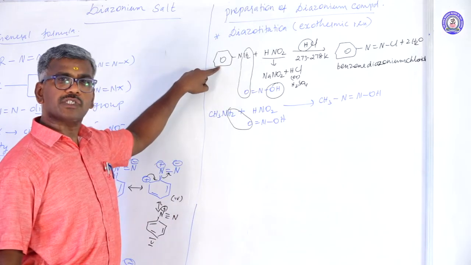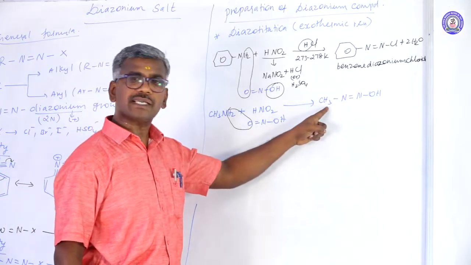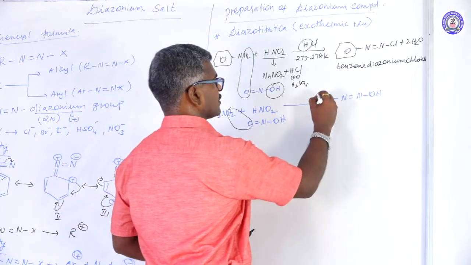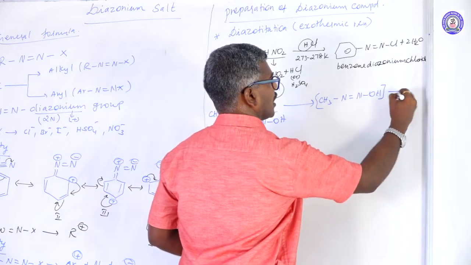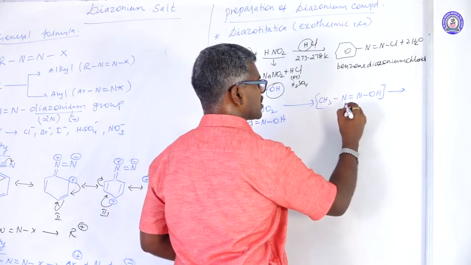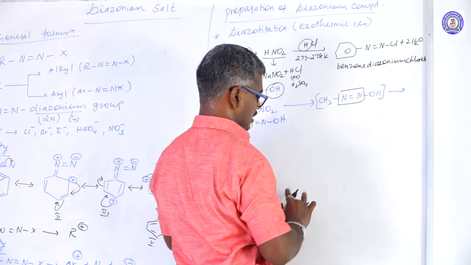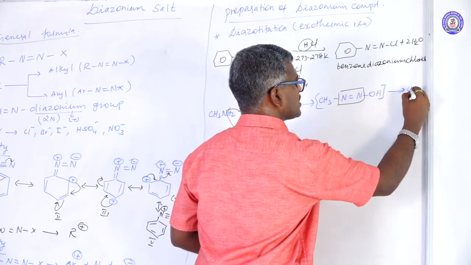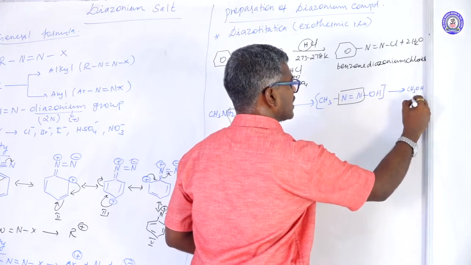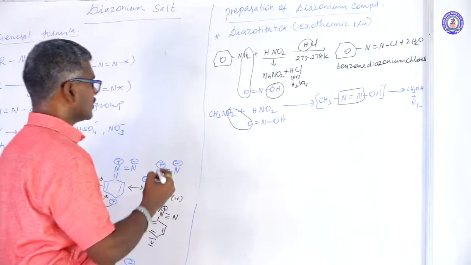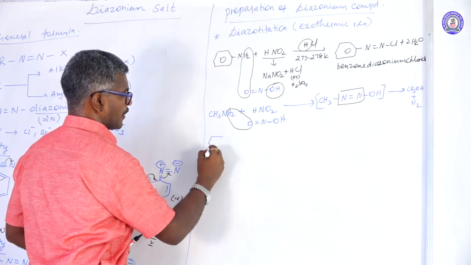Aromatic compound undergoes stabilization by resonance. Aliphatic compound does not undergo stabilization by resonance. Unstable compound, with removal of nitrogen. Nitrogen can be removed as nitrogen gas. Final product is CH3OH plus N2.